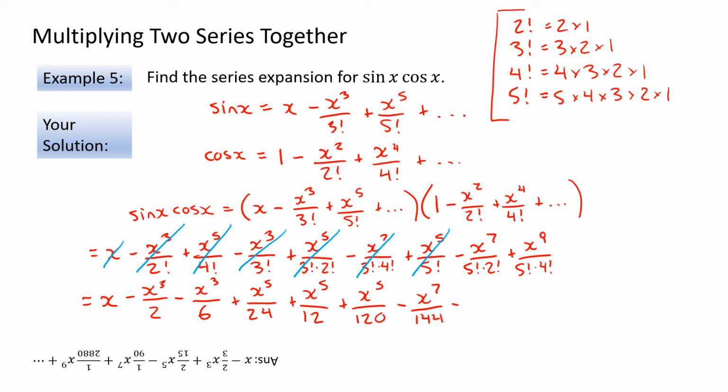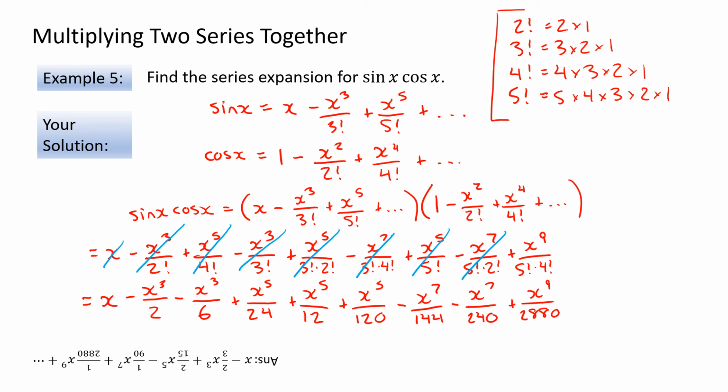And our last term is minus x to the exponent 7 over 5 factorial times 2 factorial, which is 240. So that's our x to the 7 terms. There's no x to the exponent 8, but there is an x to the exponent 9 term. So we have plus x to the exponent 9 divided by 5 factorial times 4 factorial, which, use your calculator for this one especially, 2,880.